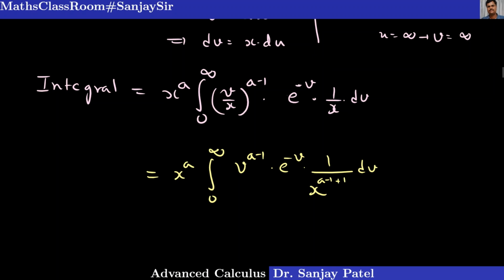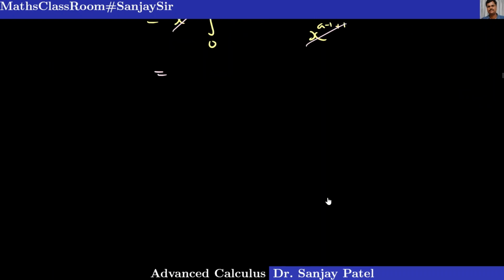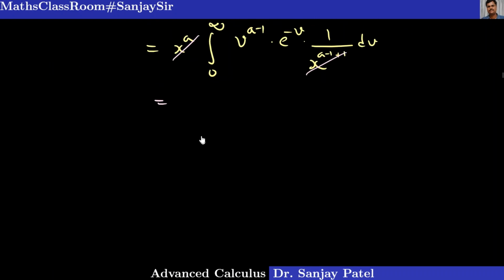And this x raised to a and this x raised to a will be cancelled. And what I will get is integral 0 to infinity v raised to a minus 1 into e raised to minus v dv.